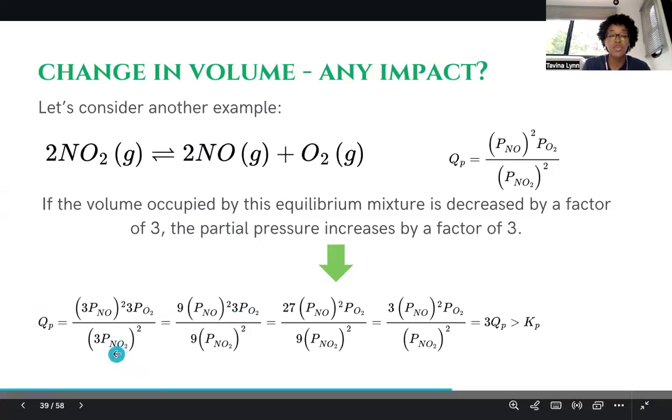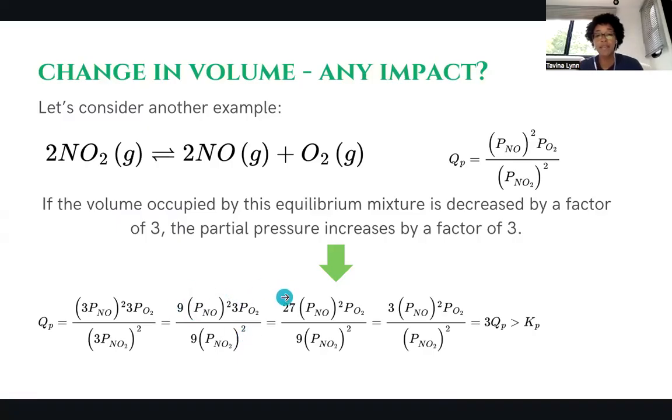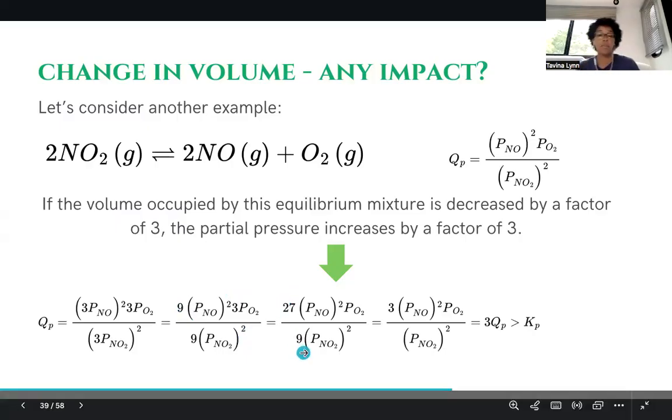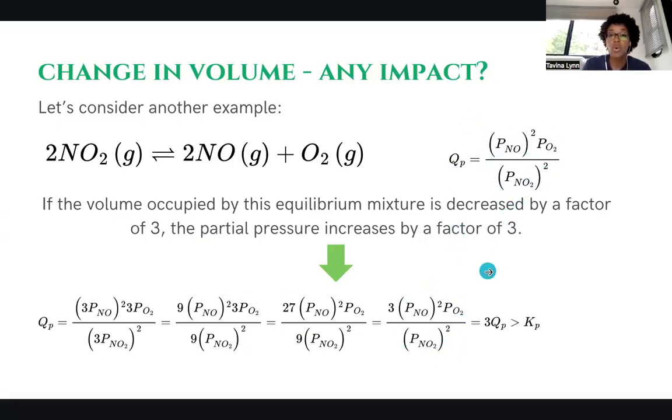For NO2, we square it because we have that coefficient of 2, so we pull out the 9 and we have partial pressure of NO2 squared left. Now we multiply our 9 and 3 together to get 27, and then when we divide 27 by 9, we end up with 3. If we just look at this part minus the 3, notice it looks identical to Q sub P.